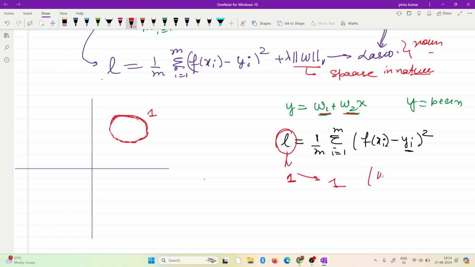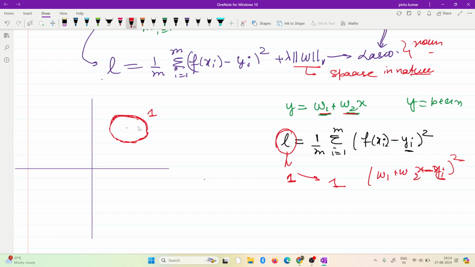This is something like W1 plus W2 X minus yi, centered around some point. It is like (A1 minus X) whole square plus (B2 minus Y) whole square, so this is a circle centered at some point.